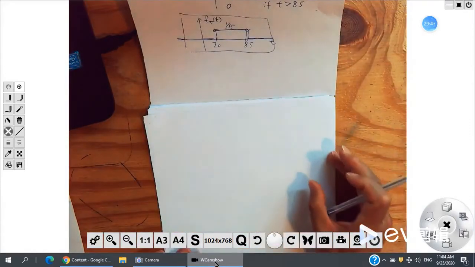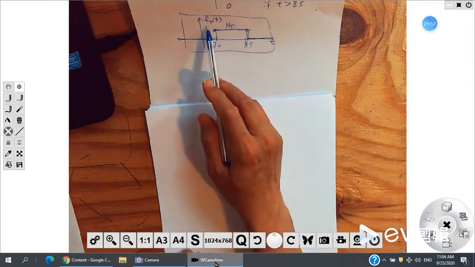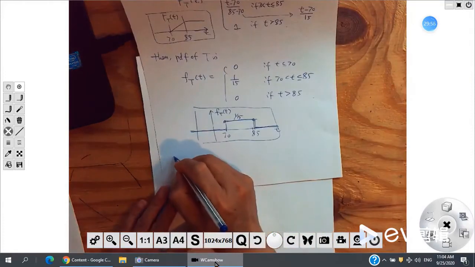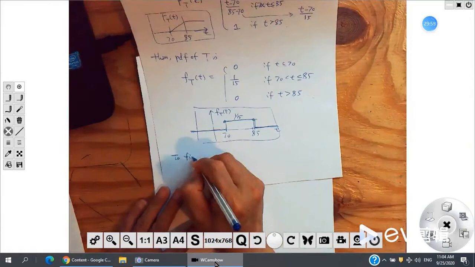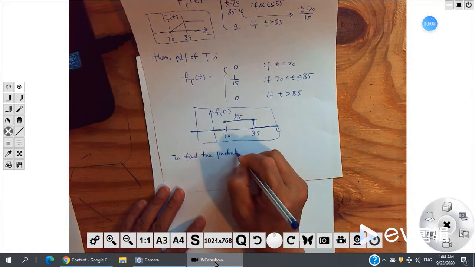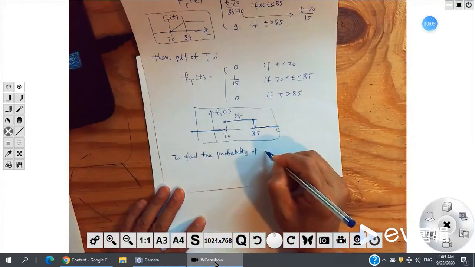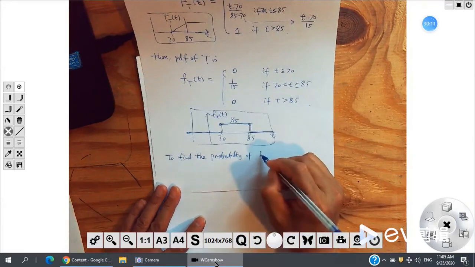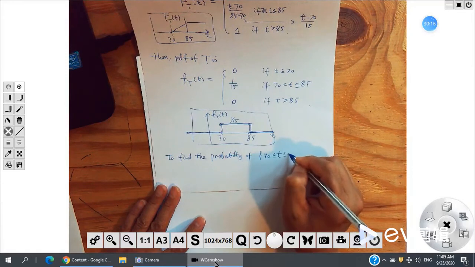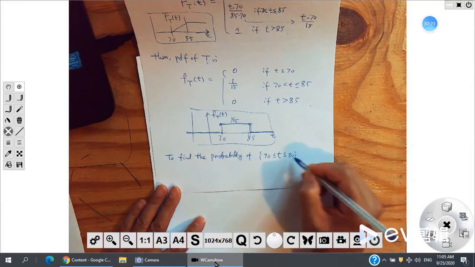Then we can calculate the probability based on the PDF. To find the probability of an event like t between 75 to 80.